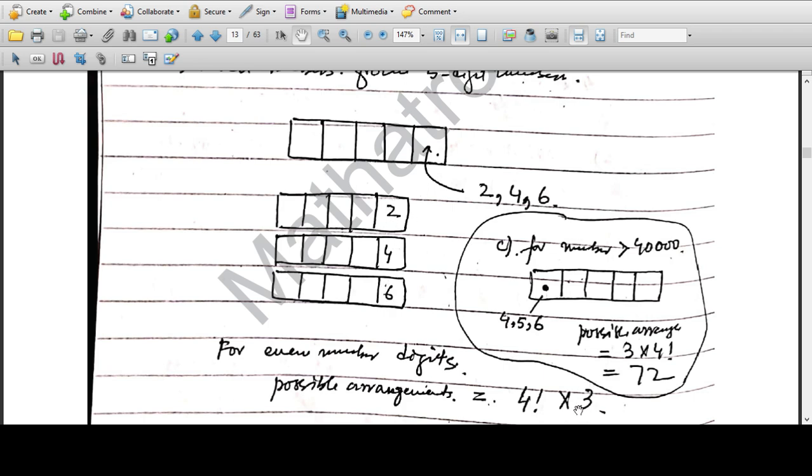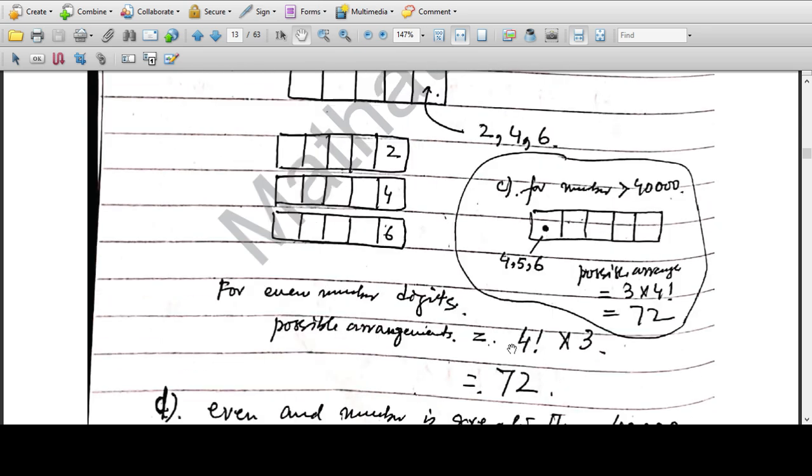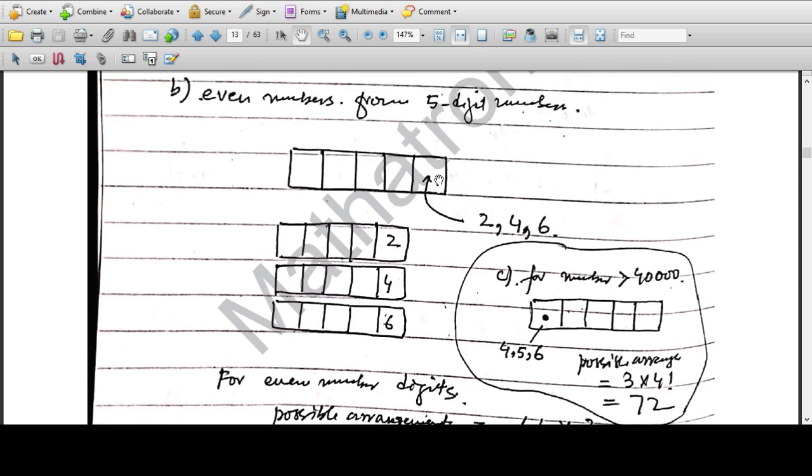This is 3, and here we have 4 factorial. So for the remaining portion we have this 4 factorial. So the even number arrangement is 4 factorial into 3, because in the last place we have these 3 possibilities, 2, 4 or 6, and here we have 4 factorial.